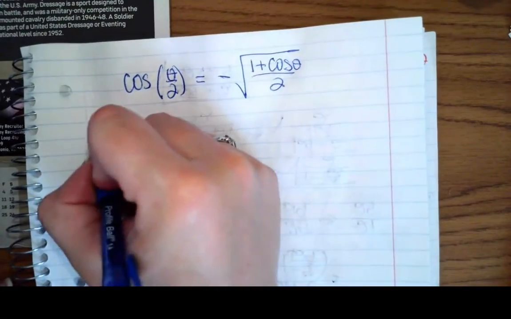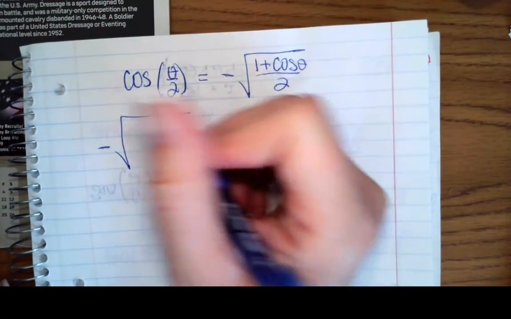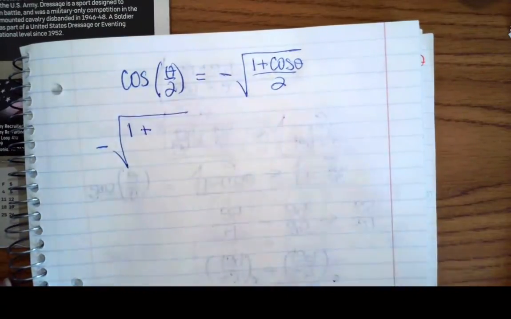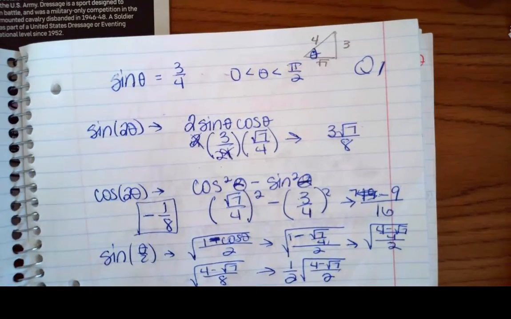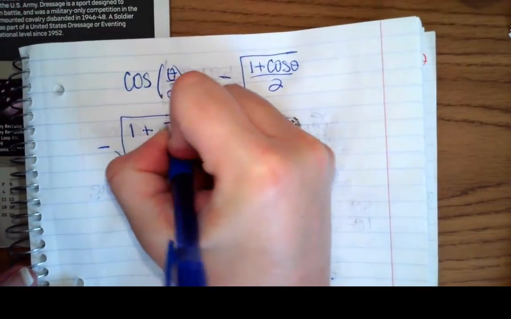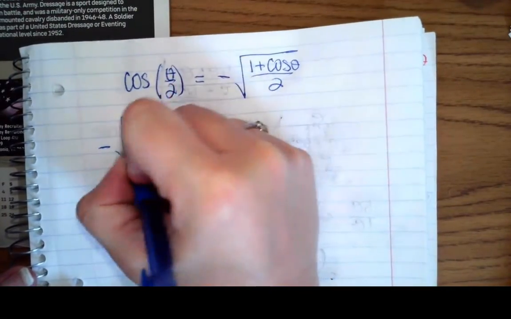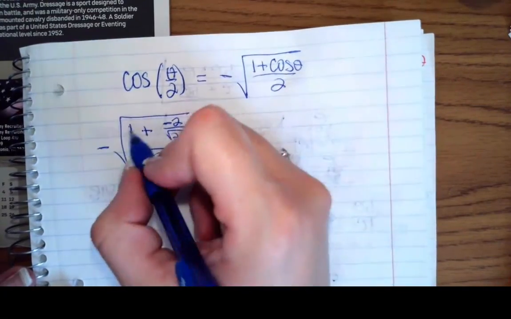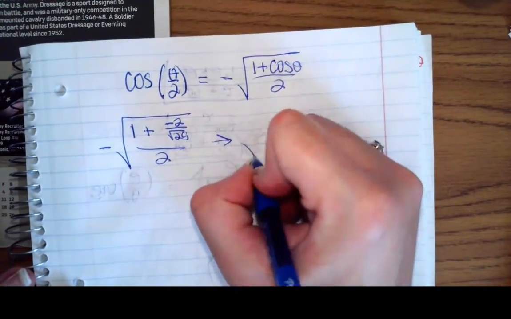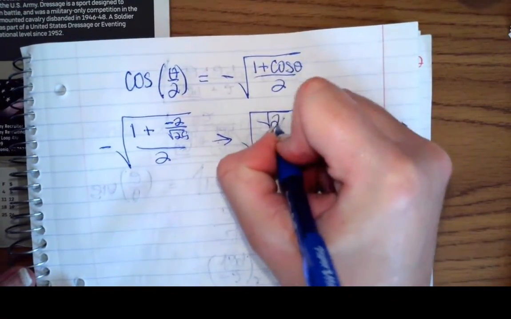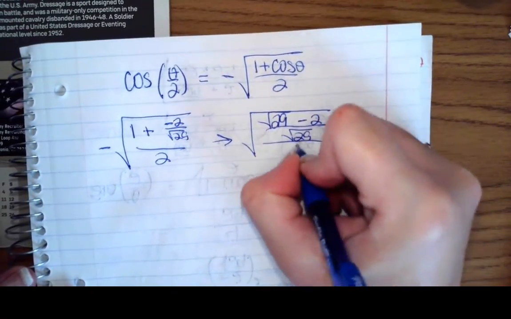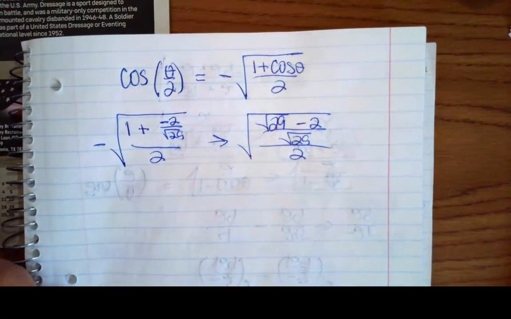What I have is a negative, 1 plus my cosine, which is adjacent over hypotenuse, -2 over root 29, over 2. So this is going to be root 29 over root 29, and I get root 29 minus 2 over root 29, over 2.